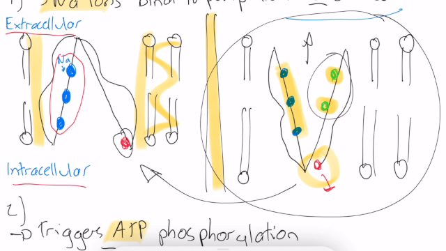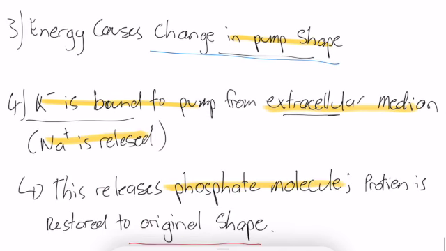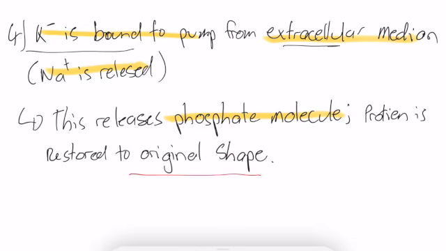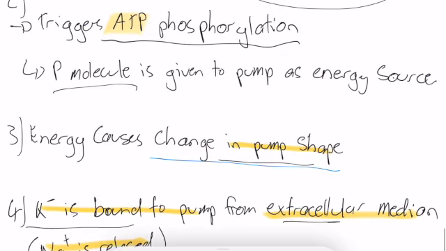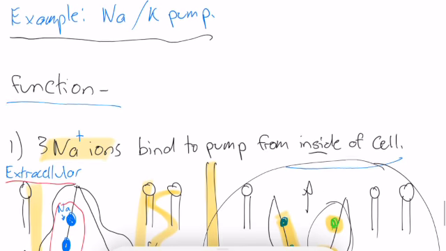Following that, the potassium ion can be released, and then we're back to square one, where we can continue this cycle where needed. We're restored to the original shape, and we're ready for the cycle to undergo once more.